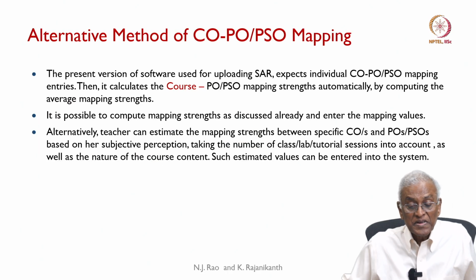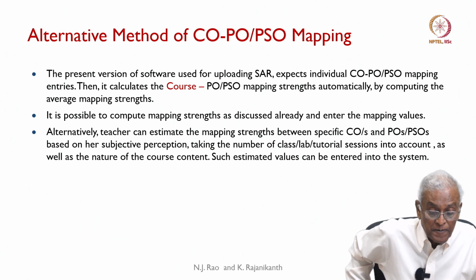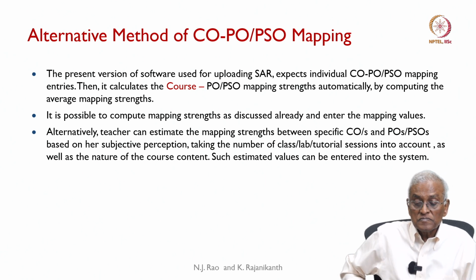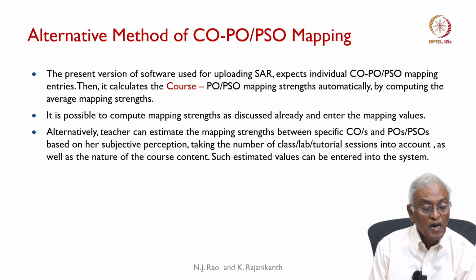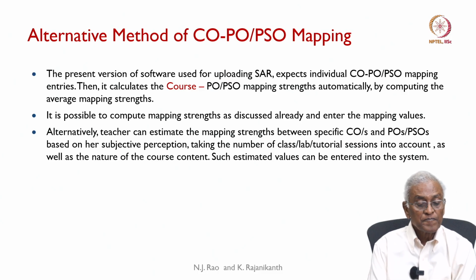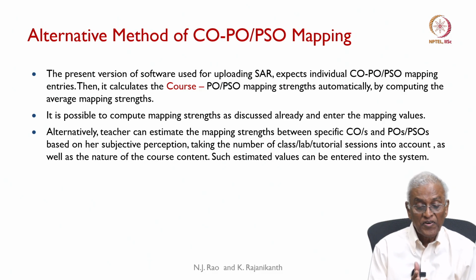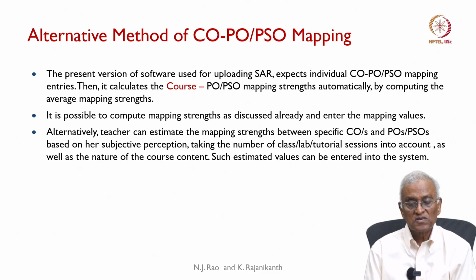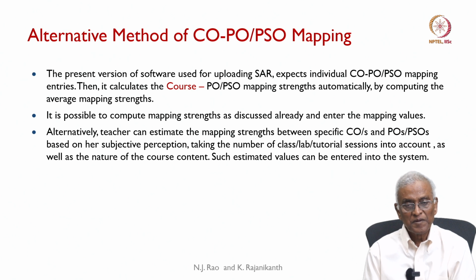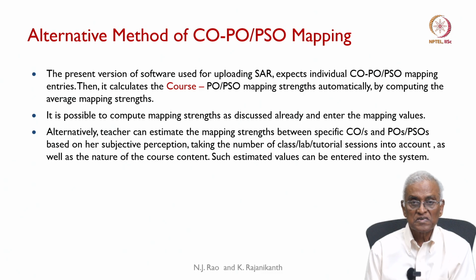Now there is an alternate method for CO-PO-PSO mapping. Here you present it by following this method, for each course CO-PO-PSO mapping is included, and the software associated with NBA, which processes the SAR, will compute based on that.